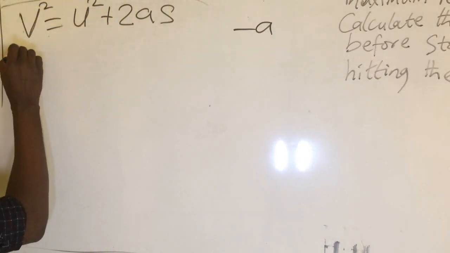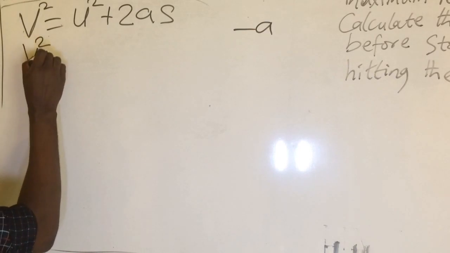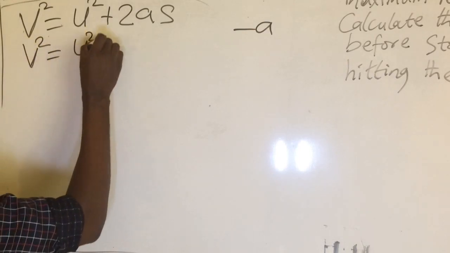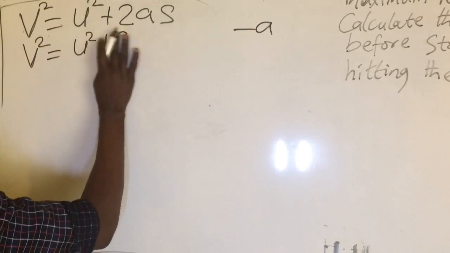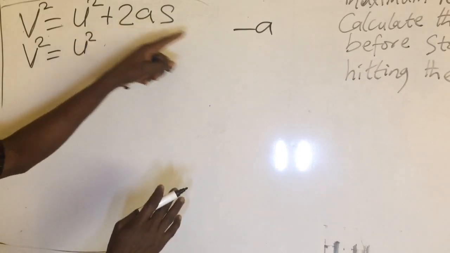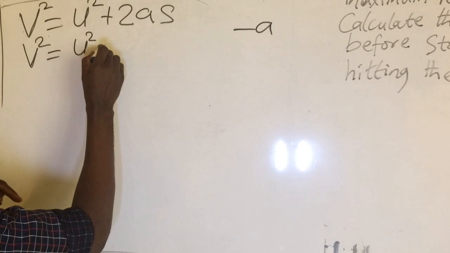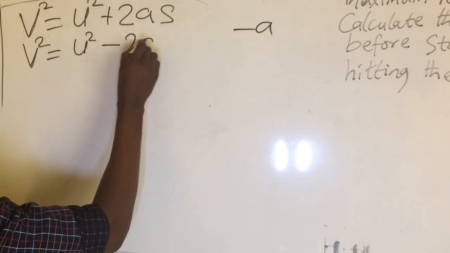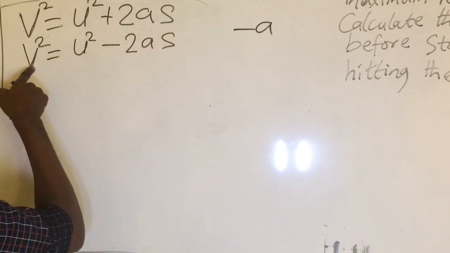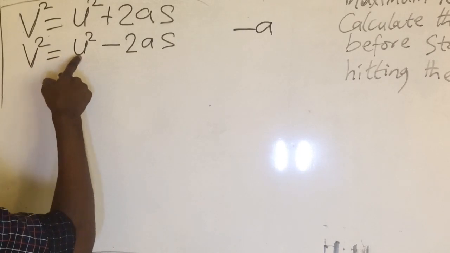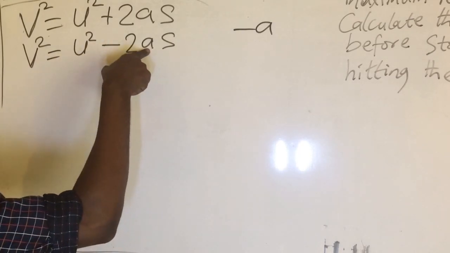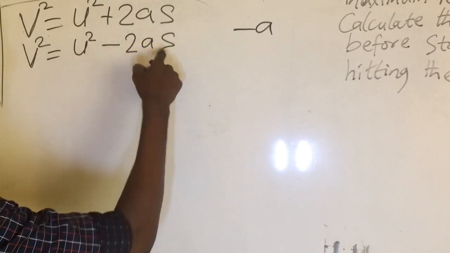Now we will have v square equals u square plus 2, but it won't be plus now, because minus times plus is minus. We now have minus 2as. That is final velocity, initial velocity, retardation, which is acceleration in opposite, and distance.